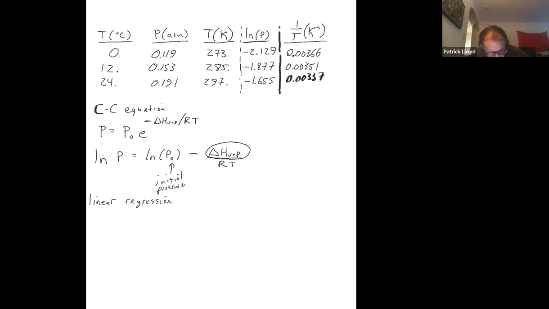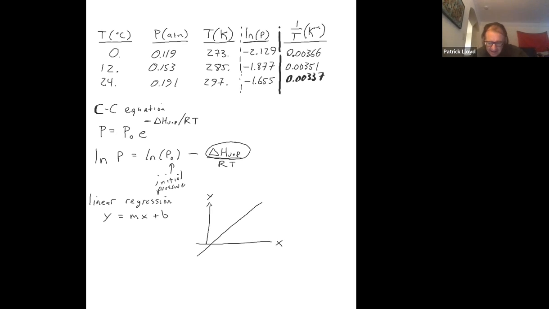The idea of linear regression is that a line can be described by a relatively simple mathematical equation. The idea is that if you plot y on the vertical axis and x on the horizontal axis, you will get something that looks like a straight line.